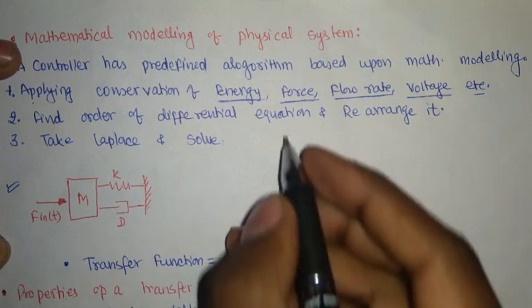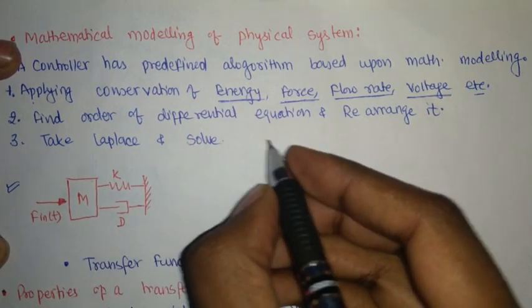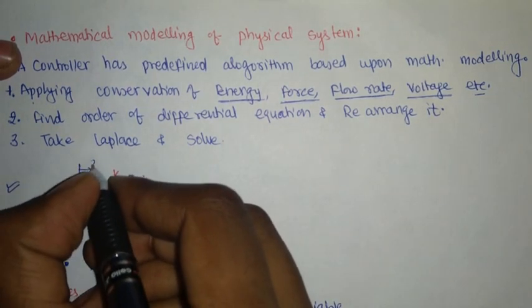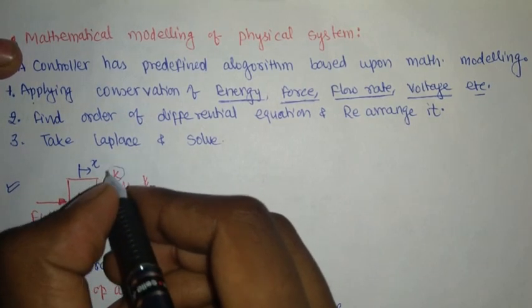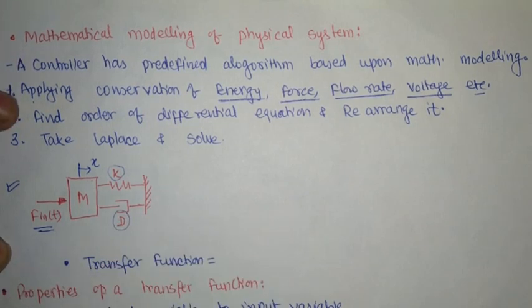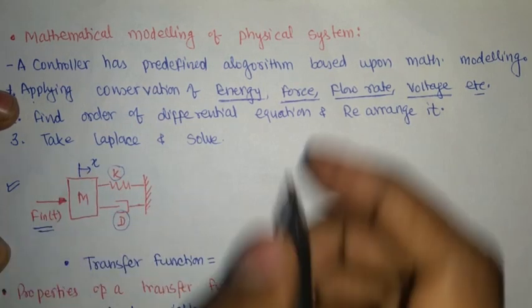How exactly am I going to apply my force equation? The very first step that I am going to do is this: F input is giving me some displacement x here. There is going to be a force of kx in the spring, a force of d into dx by dt in the damper, and there is going to be an acceleration of this mass. All these three forces are coming from F input only.